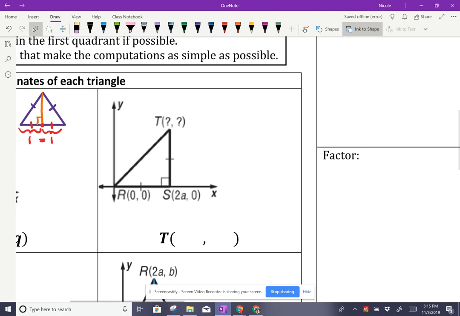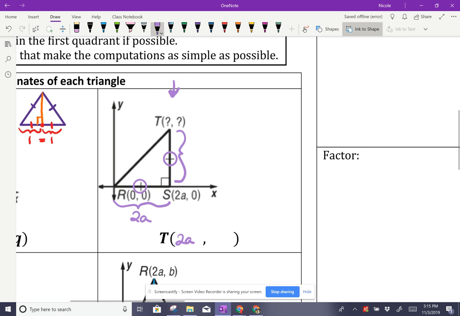Our next triangle is triangle RST. It is a right isosceles triangle. It's hanging out on its side, so that right angle is kind of touching the base. We are looking for point T here. And if we go all the way over to S, that's a total of 2a steps. So that means T also went 2a steps to the right because it is located directly above S. Then we need to find out how far we go up. One thing to note is that these sides are congruent.